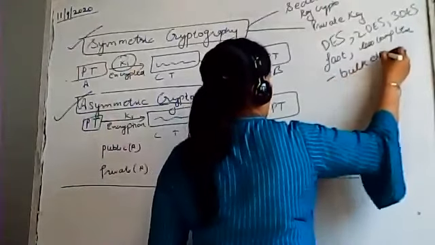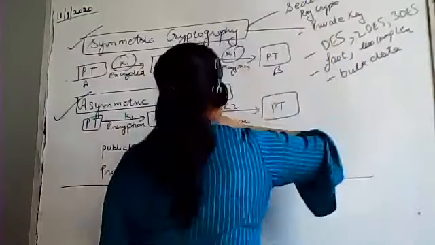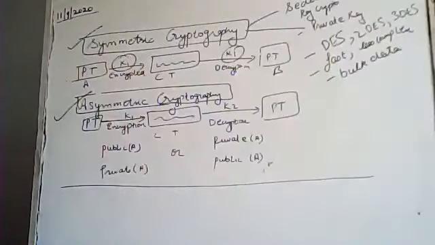So we can use symmetric cryptography where we have a large amount of data to send between the sender and the receiver. In that case, we prefer to use symmetric key cryptography.